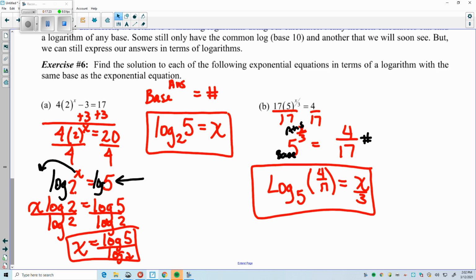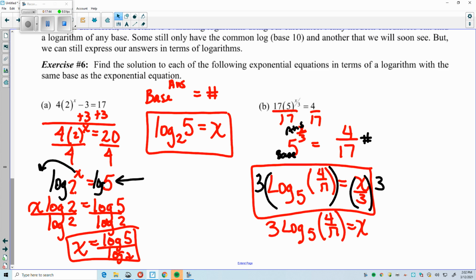So if I wanted to solve for x, trying to get x by itself, I've got to cross multiply one more time. So I've got to bring this 3 over here, multiply each side through by 3. And so now really our final answer. Let's try this. Sorry, that was my bad. I forgot our exponent had a 3 on the side. So this here is our final answer.